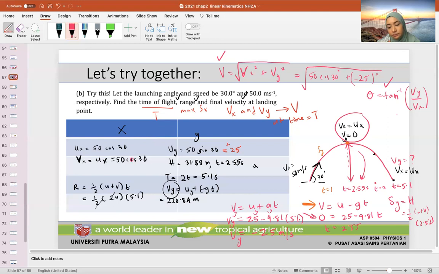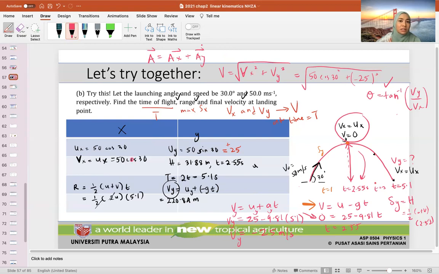Yang V tu equal Vx kuasa 2 plus Vy kuasa 2 tu kan? This one, yes. Bukan, kita cari the velocity vector. Okay, remember I told you A vector is equal to Ax vector plus Ay vector.